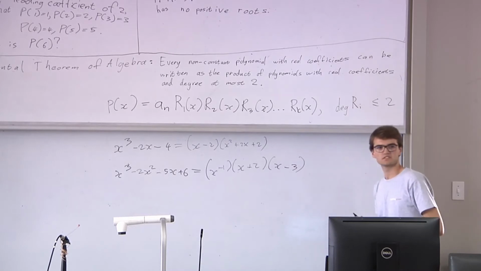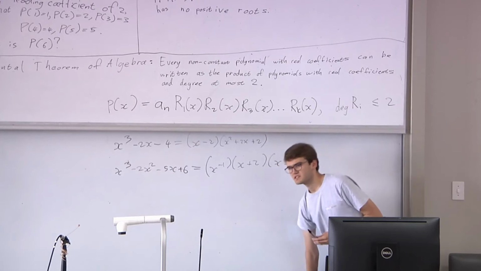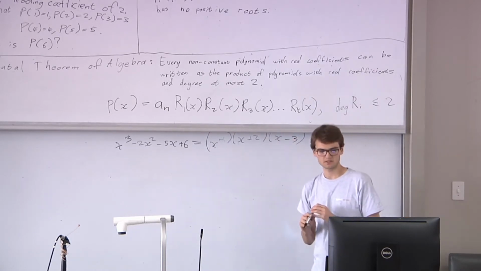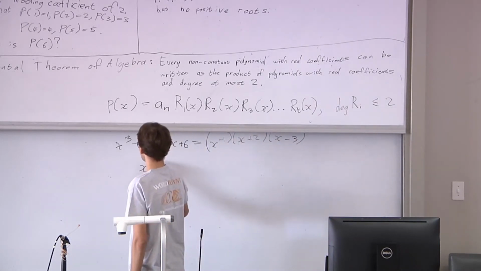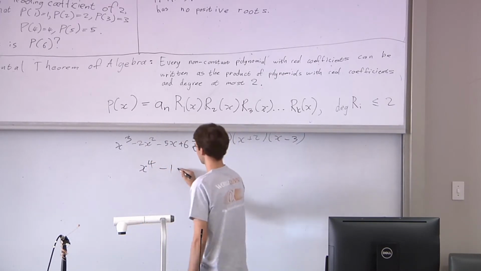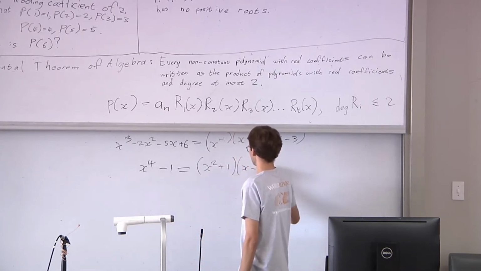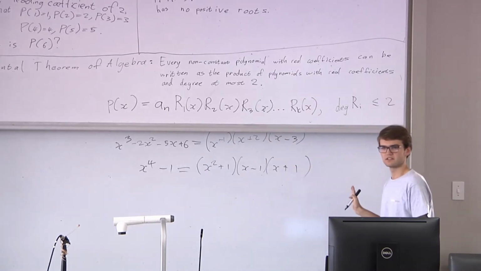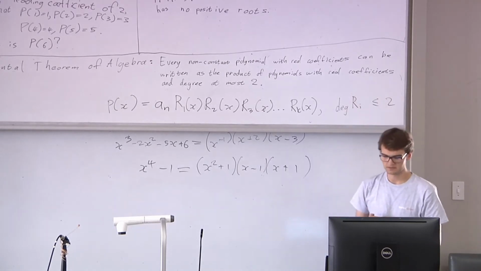Okay? So it is possible to get everything to be linear. But this isn't restricted to just cubics. You can do higher powers as well. For instance, the one we looked at yesterday was x to the 4 minus 1. So if you now factorize that, hopefully that's (x^2 + 1)(x - 1)(x + 1). So you can see that that's consistent with the fundamental theorem of algebra.